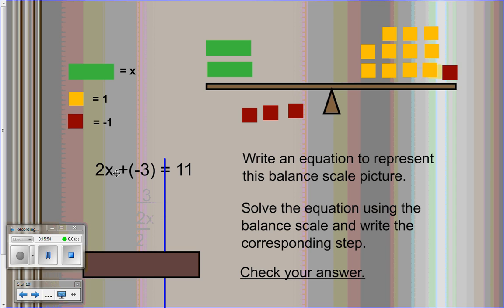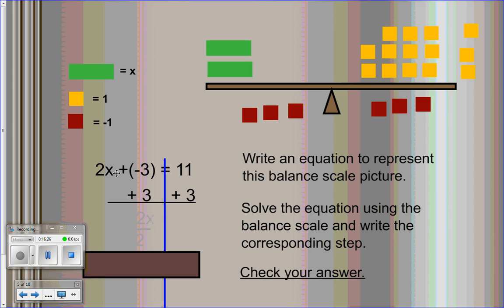So here's 1, 0. Here's another 0. And I only need 3 of them because I removed 3 from the left side. So now I've added 3 zeros. And that means that I now have 3 negative 1's that I can remove just like I did on the left side. So that's the same as adding a 3.